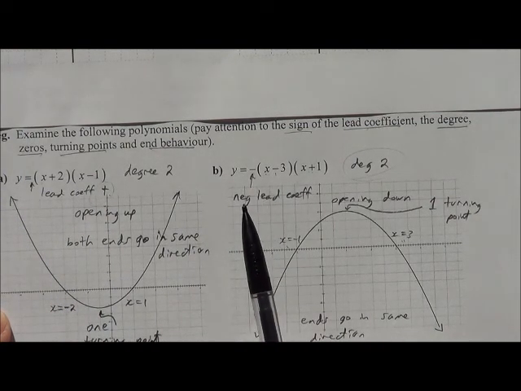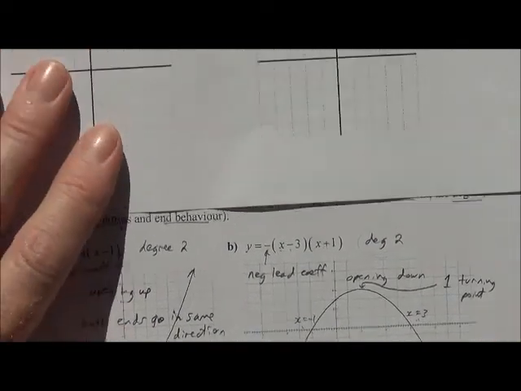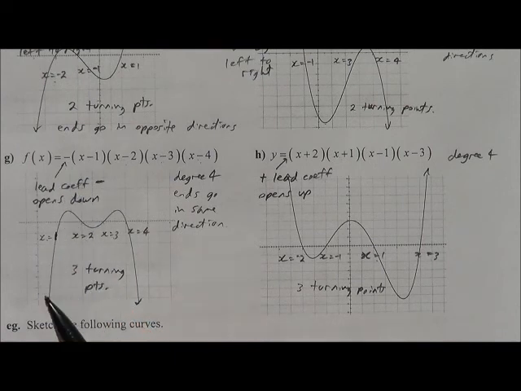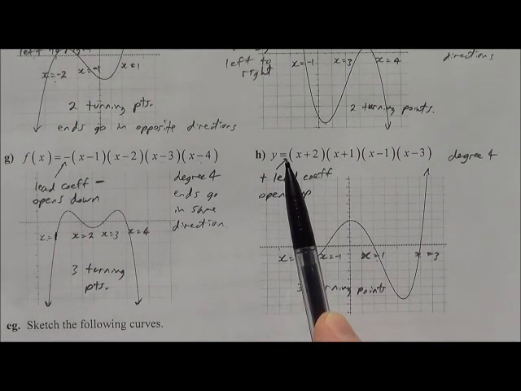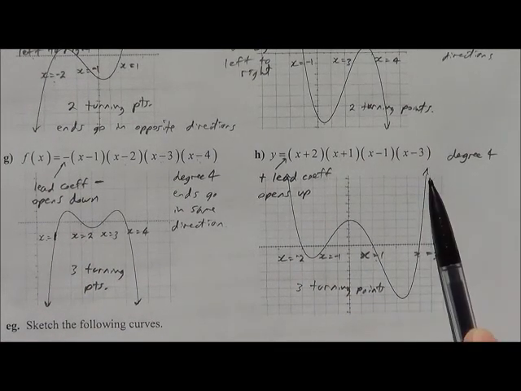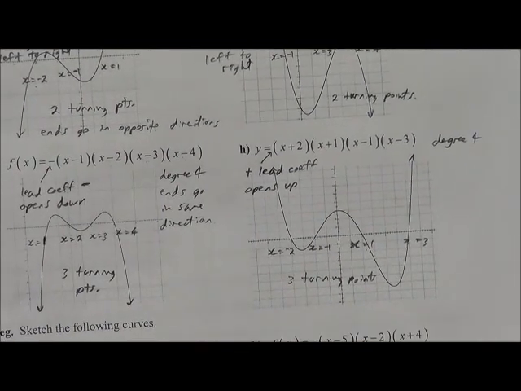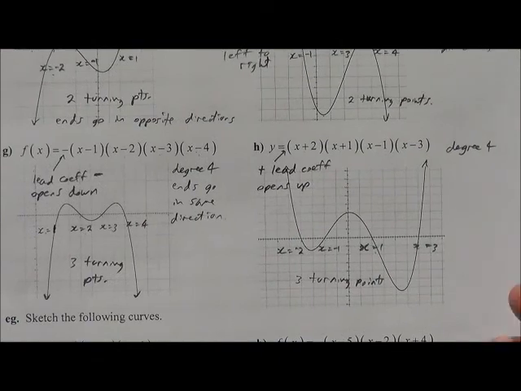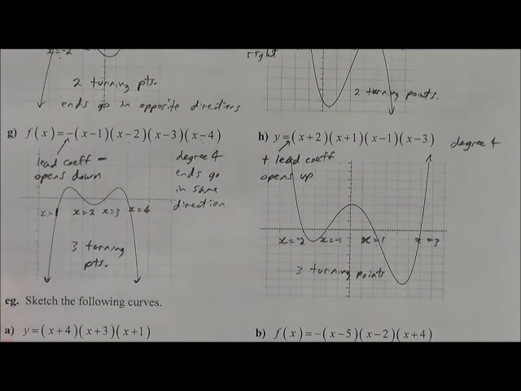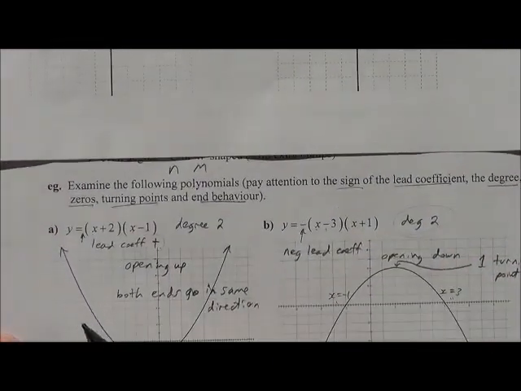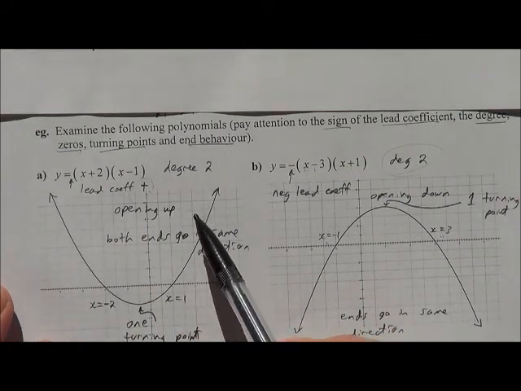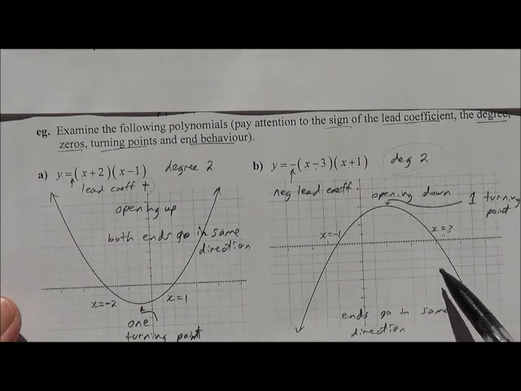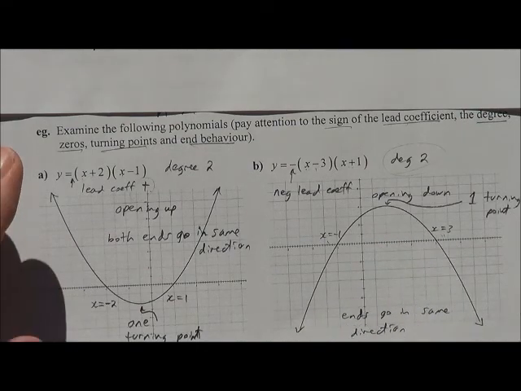Lead coefficient is negative, it opens down. Degree 4, lead coefficient is negative, opens down. Lead coefficient is positive, opens up. Okay, so I always kind of think that perhaps a positive person might be smiling, might be happier, so they would be opening up like this, the smile, and a negative person might be a little bit more down, and so they may be frowning.